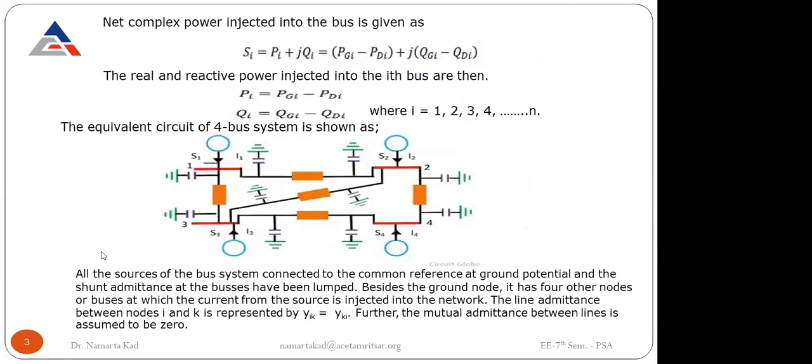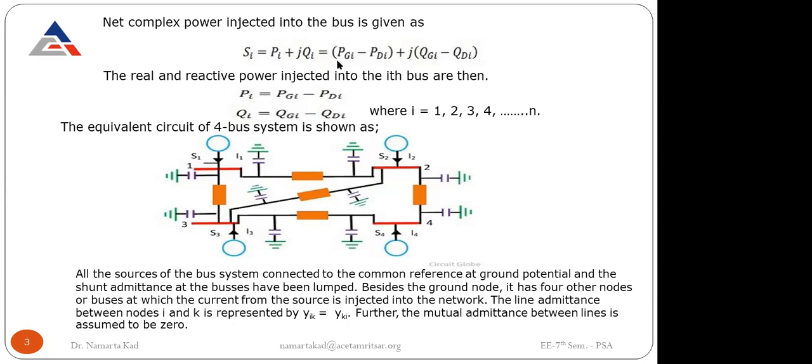Now the net complex power injected into the bus is given as, so what is the net power? That is Si. It is equal to Pi plus jQi, and it is further equal to PGi minus PDi, that means the power injected into the bus minus the power taken out from the bus.